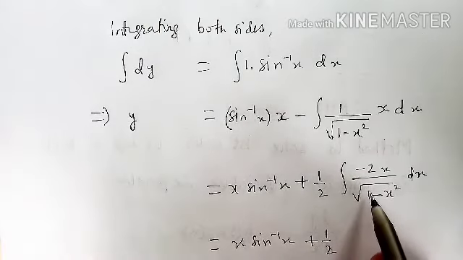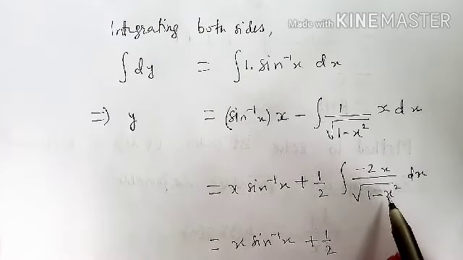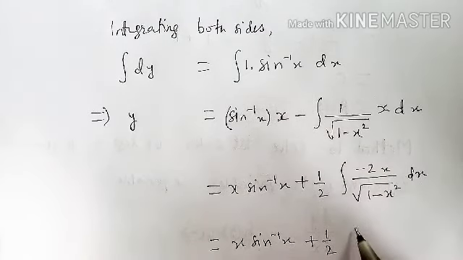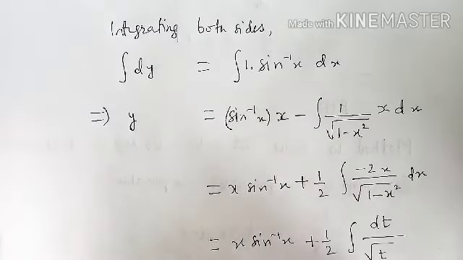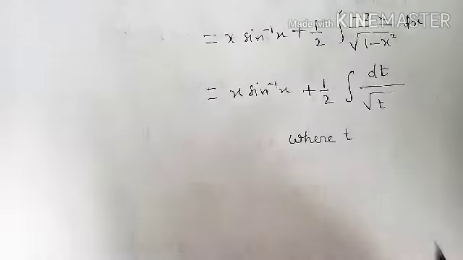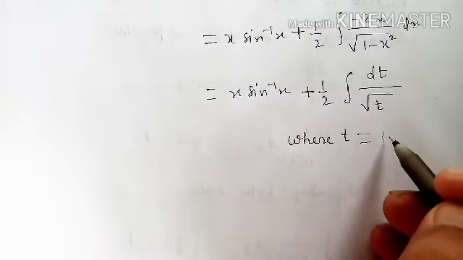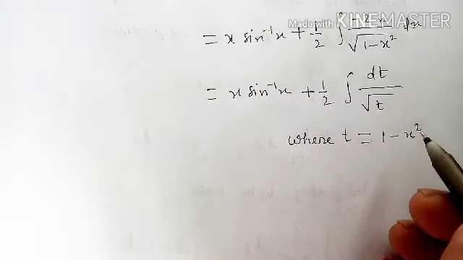Here if you take 1 minus x square as t, then its derivative is here. So we can write integral of t to the power minus 1 by 2 dt, where t is 1 minus x square.